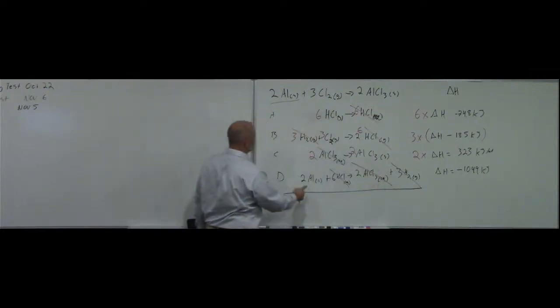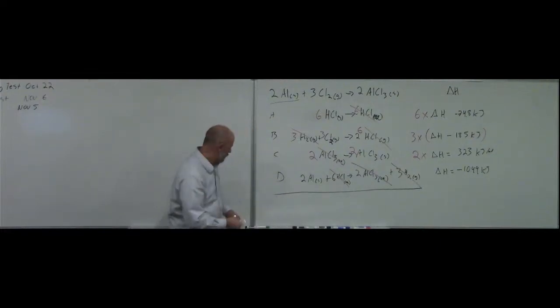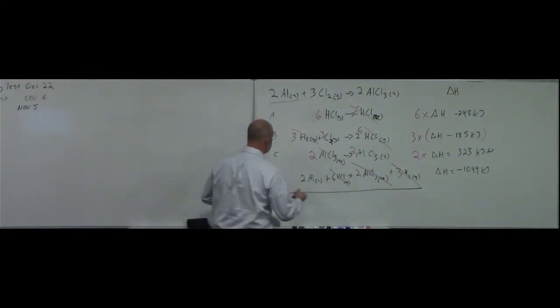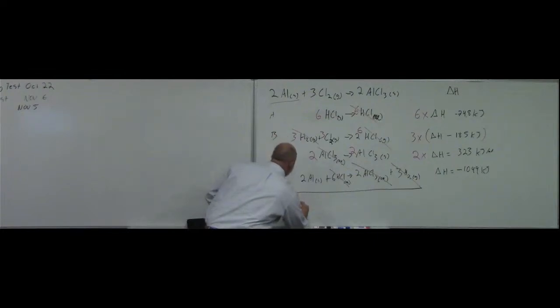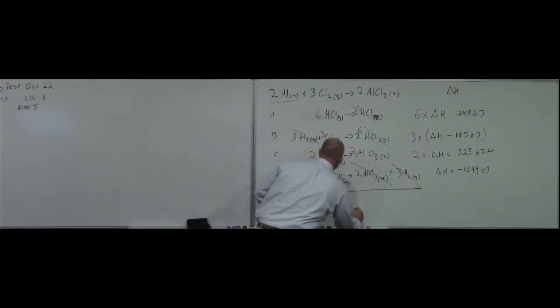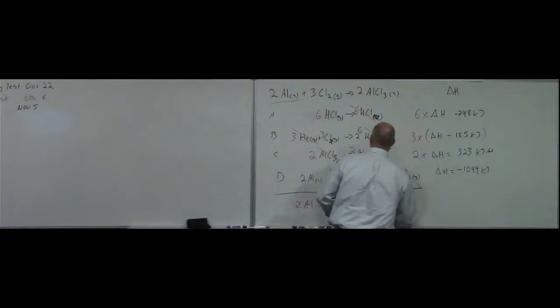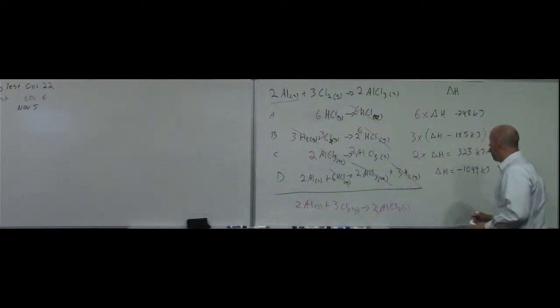That's what I want. And 2 aluminums on the left. That's what I want. So now when I bring all this down, I get 2 Al solid plus 3 Cl2 gas, yielding 2 AlCl3 solid. That's what I want.